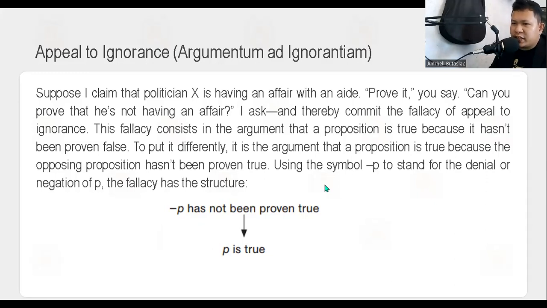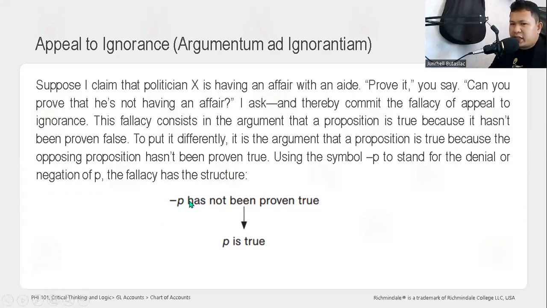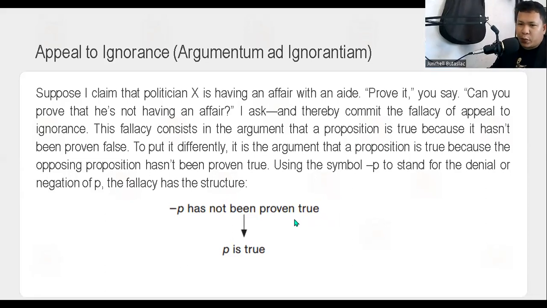This fallacy consists of arguing that a proposition is true because it hasn't been proven false. To put it differently, it is the argument that a proposition is true because the opposing proposition hasn't been proven true. Using the symbol not-P to stand for the negation of P, the fallacy has the structure: not-P has not been proven true, therefore P is true.